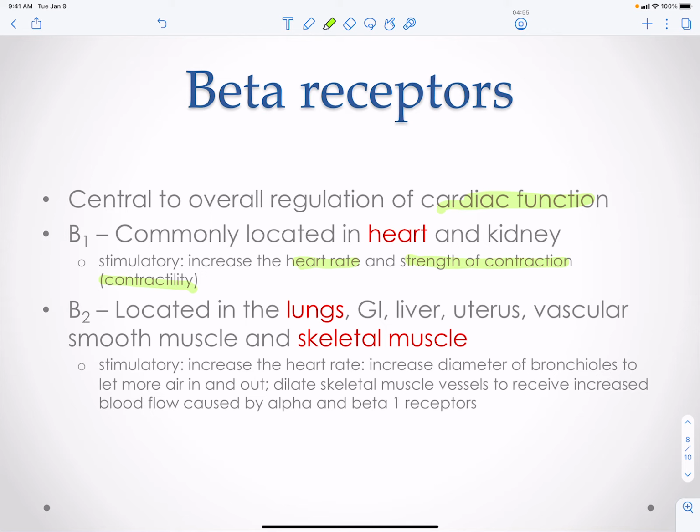And when they get stimulated, they're going to increase the diameter of the bronchioles to let more air in and out, and dilate the skeletal muscle vessels to receive increased blood flow. So beta 2s are making things bigger. They're expanding to get an influx of stuff into the organs that are expressing them.